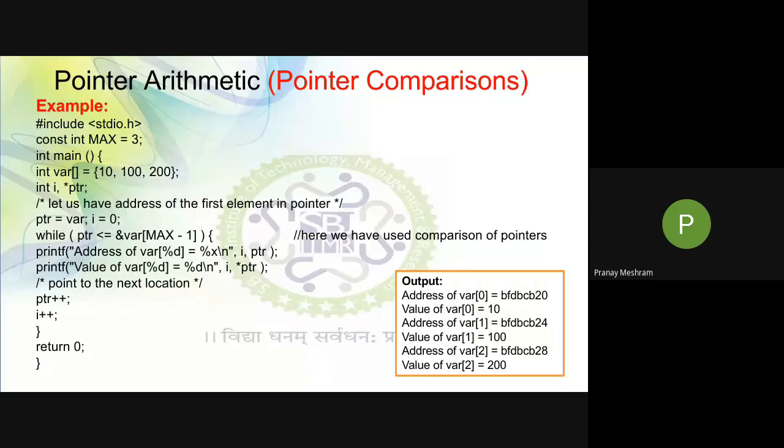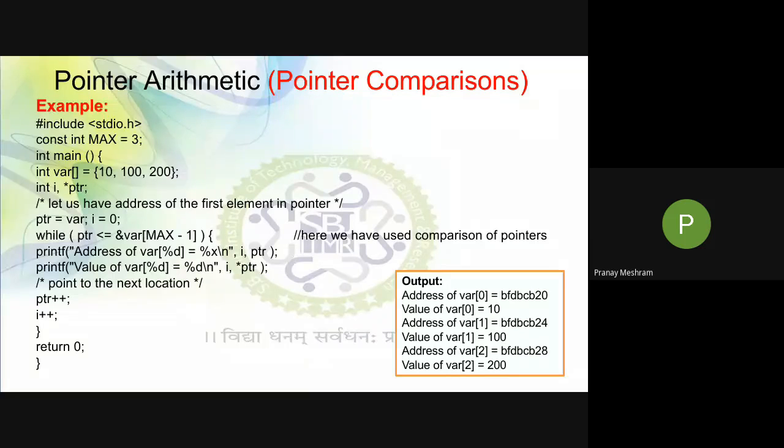So here you can see that inside the while condition we are comparing two pointers. First is the pointer ptr, which is holding the base address of the array, which is b20, and the second address in comparison is the address of the last element of the array, which is b28.